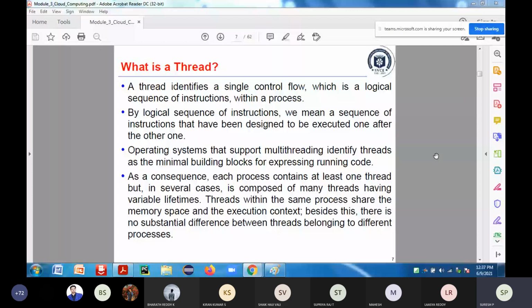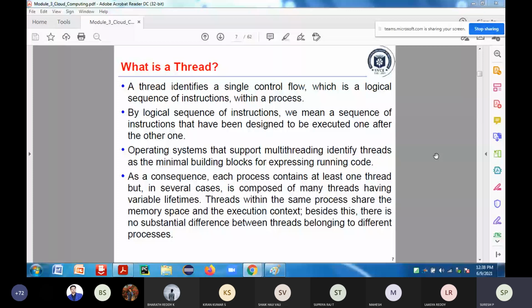When it is supporting multi-threading, what is the functionality of the operating system there? The operating system that supports multi-threading has to identify the threads, which are the minimum building blocks for expressing running code.